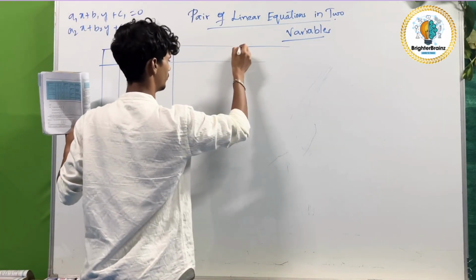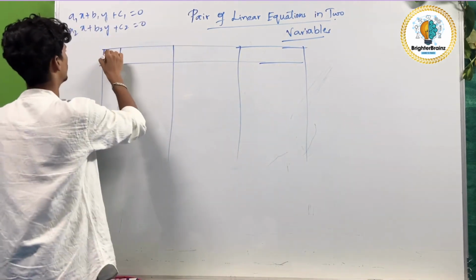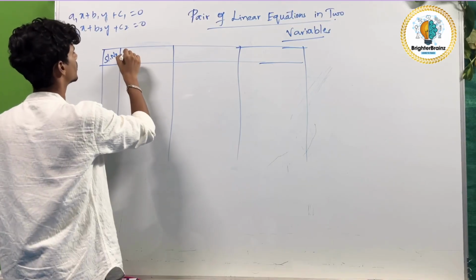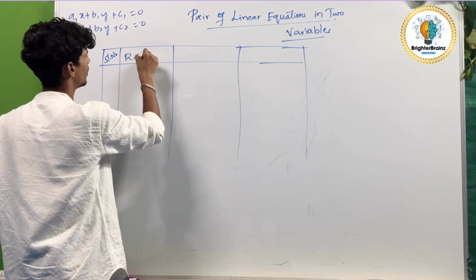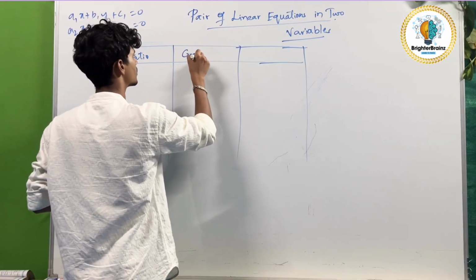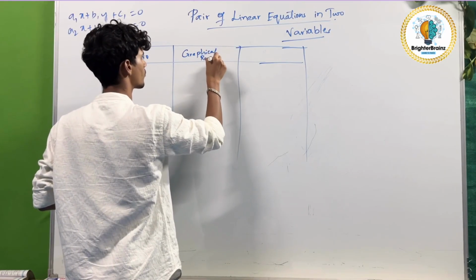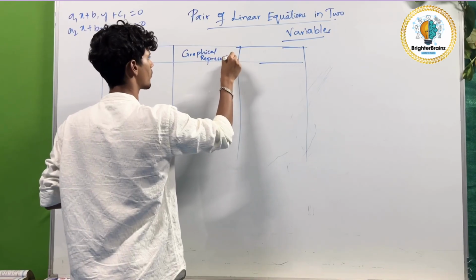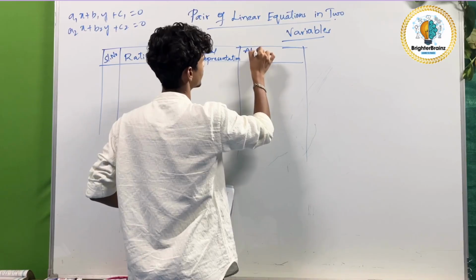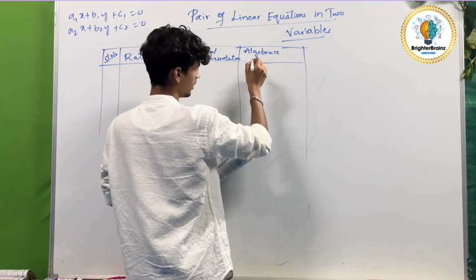So, make a few columns. Let us name them: serial number, ratio, graphical representation, and algebraic interpretation.